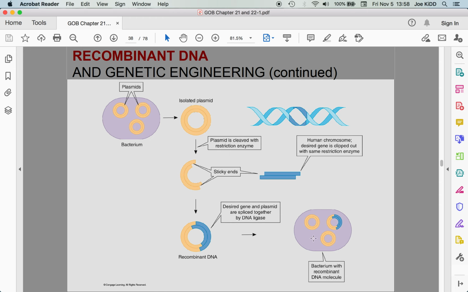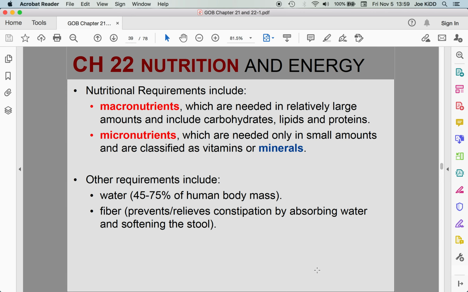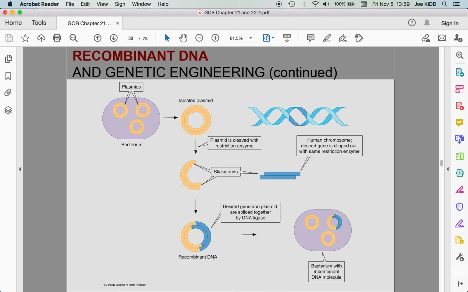And this is put back into the cell, and the cell is allowed to grow as it normally would and propagate. What this will do is allow the bacterium to grow and produce the proteins for us, which can then be isolated and packaged and used as medical treatments.